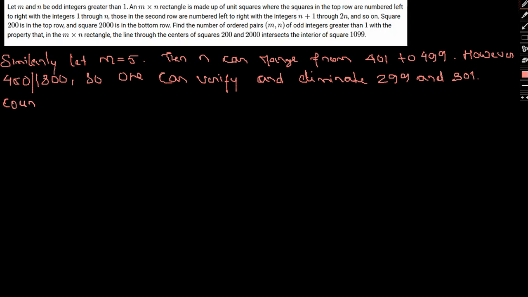Counting odd integers, we get 24 minus 2, equal to 22.